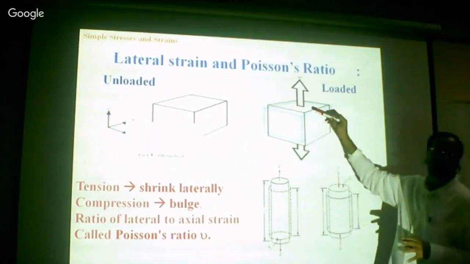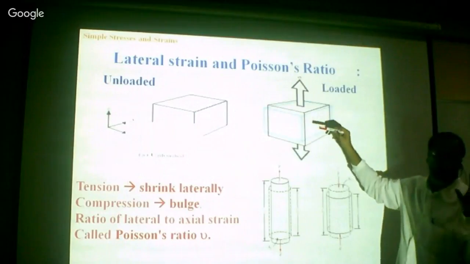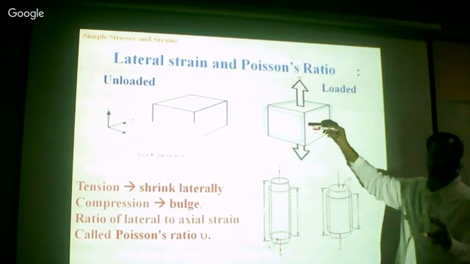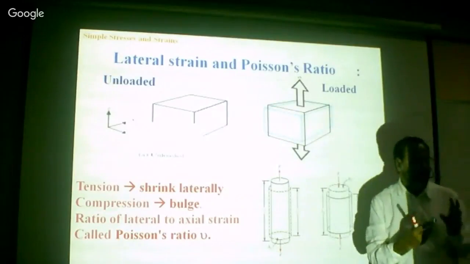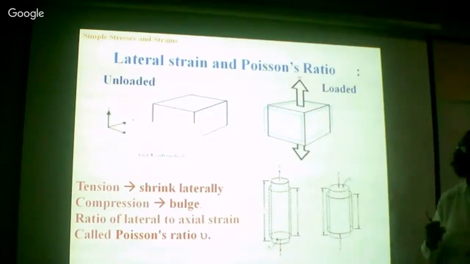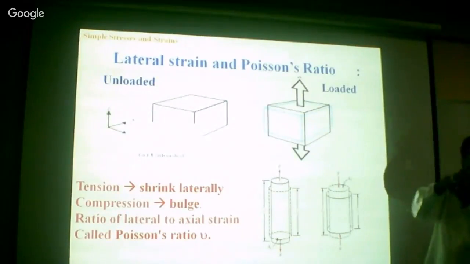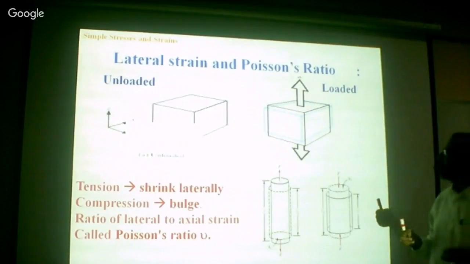Length, breadth, and depth. It has 3 dimensions, and when you multiply these 3, you will get the volume. Now, definitely there will be a change in volume, because we apply the force.